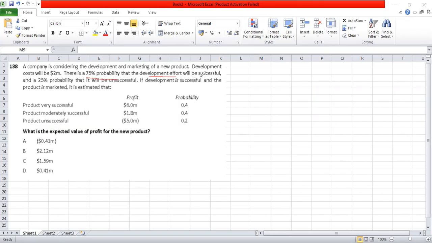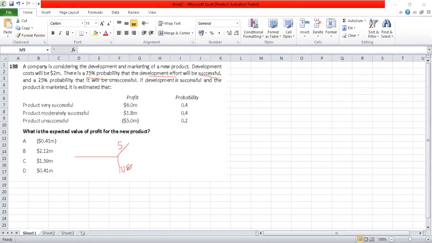So what does it mean? That if there is a 75% chance that it would be successful, there is a 25% chance that it will not be successful. So it is giving a provision here to consider two different things. When the development is done, there's a chance of it being successful and also a chance that it would not be successful. So the success percentage is 75%, so obviously the unsuccessful percentage will be 25%.